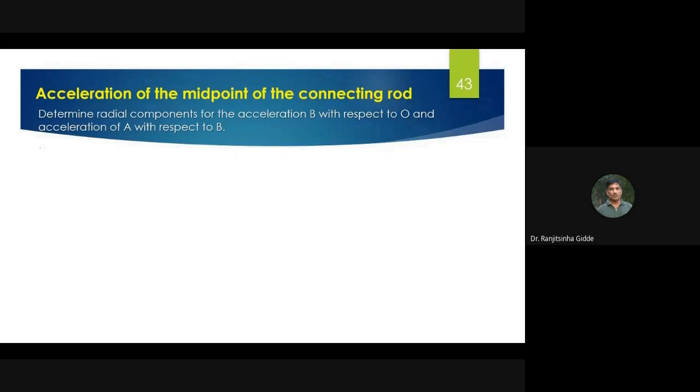Then write down: determine radial components for the acceleration of B with respect to O and acceleration of A with respect to B.